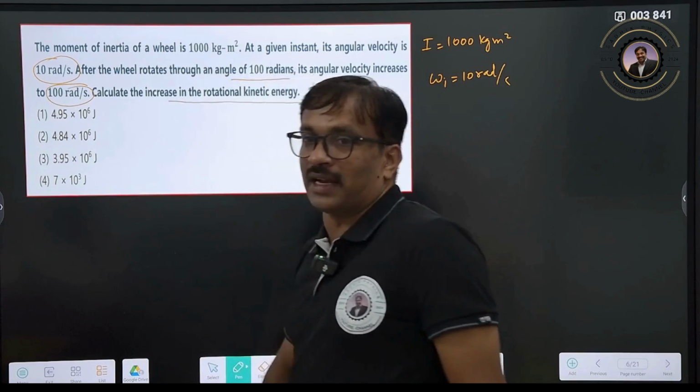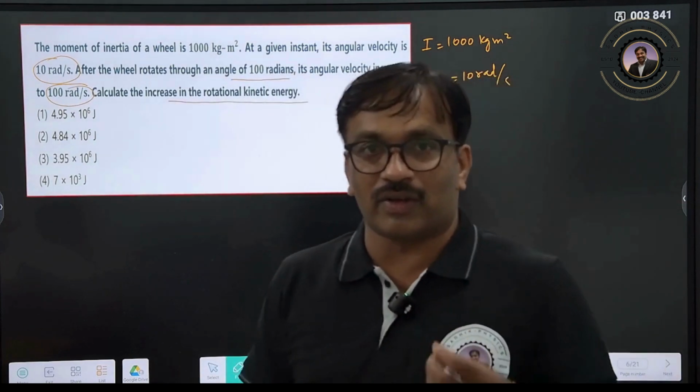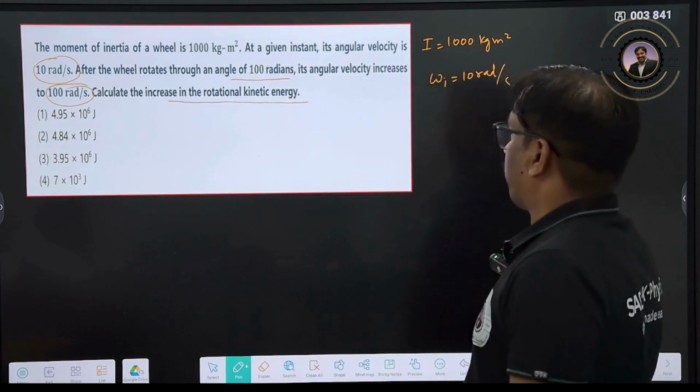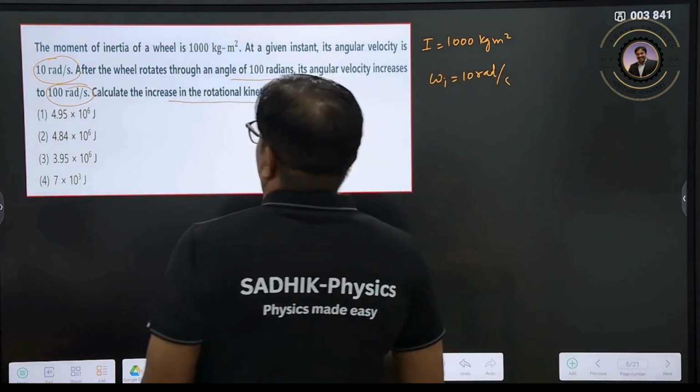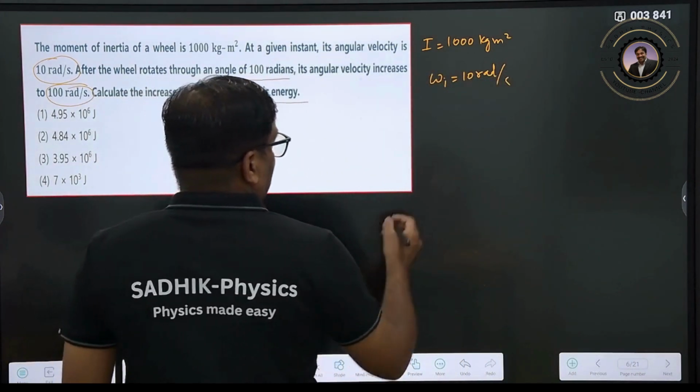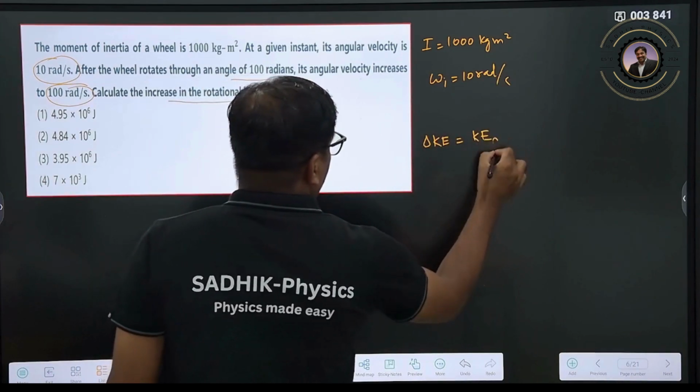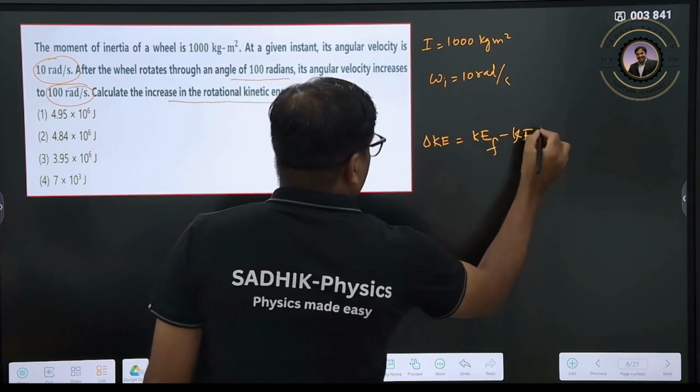Increase in rotational kinetic energy does not depend on time directly. You can calculate it as change in kinetic energy. That's all. Here work done or increase in rotational kinetic energy only is asked. So the increase in rotational kinetic energy is kinetic energy final minus kinetic energy initial.